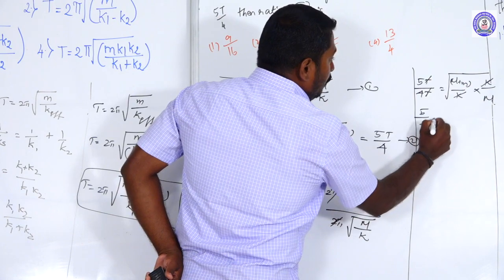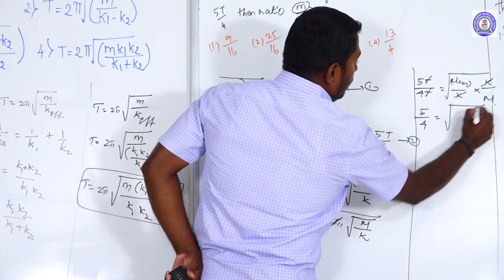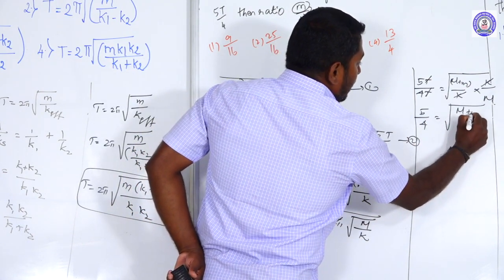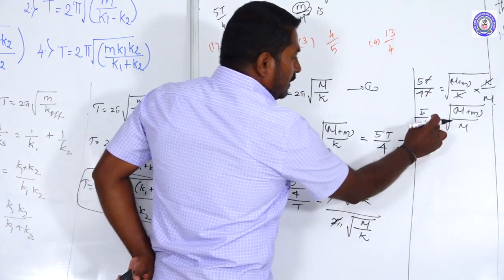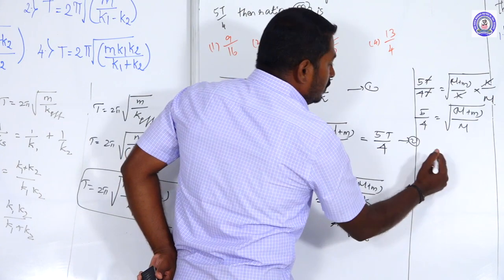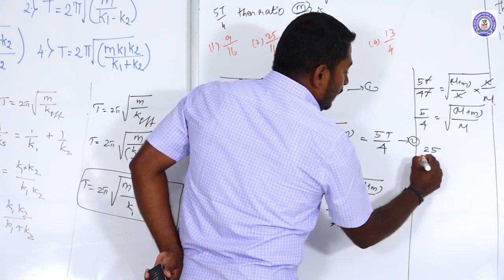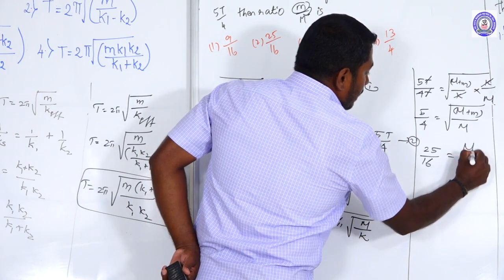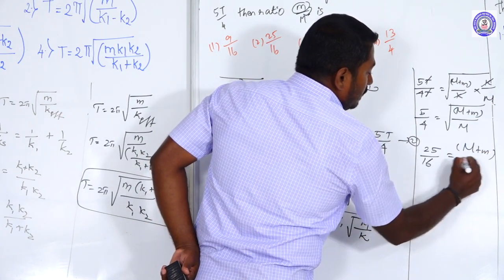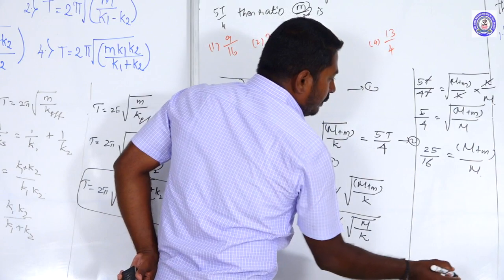Then 5 divided by 4 is equal to square root of capital M plus small m divided by capital M. Then squaring on both sides, 25 divided by 16 is equal to capital M plus small m divided by capital M.